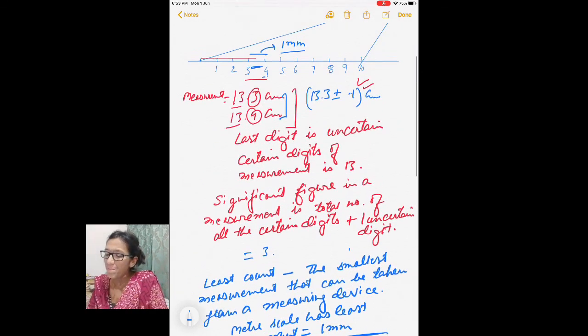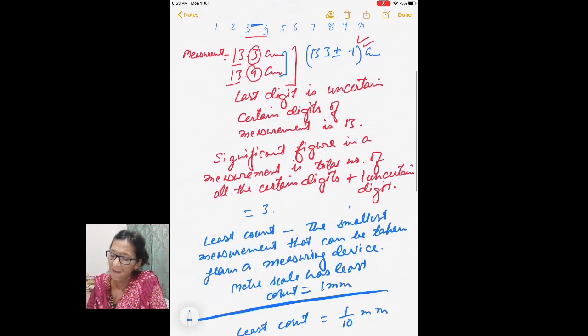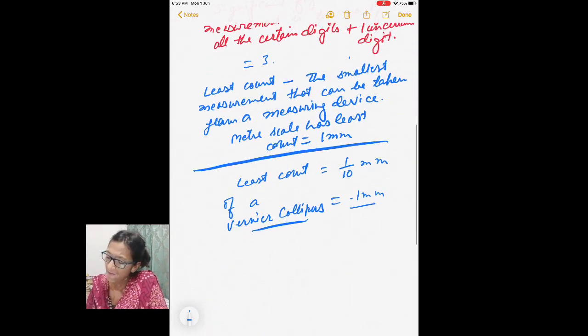So if you are measuring the same length using your vernier calipers, then what will we get? You will get some other number like 13.42, because 1/10th of a millimeter is equal to 0.01 centimeter.